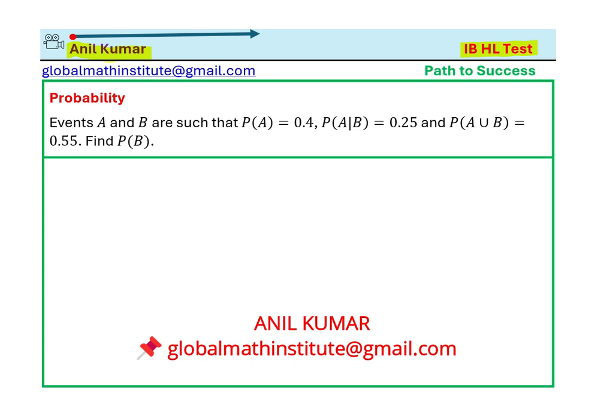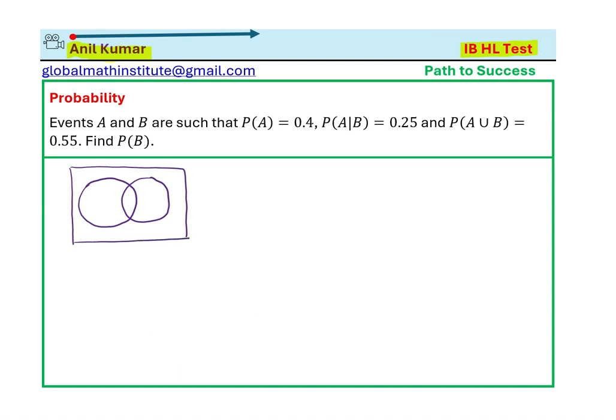First, I'll give you a Venn diagram. Let's say there are two events A and B taking place. So let's put them in a box which represents a universal set.